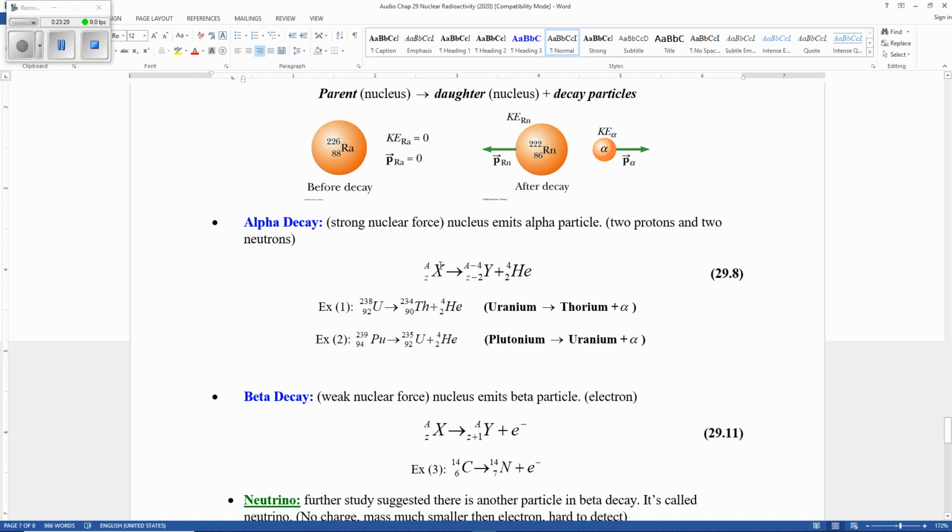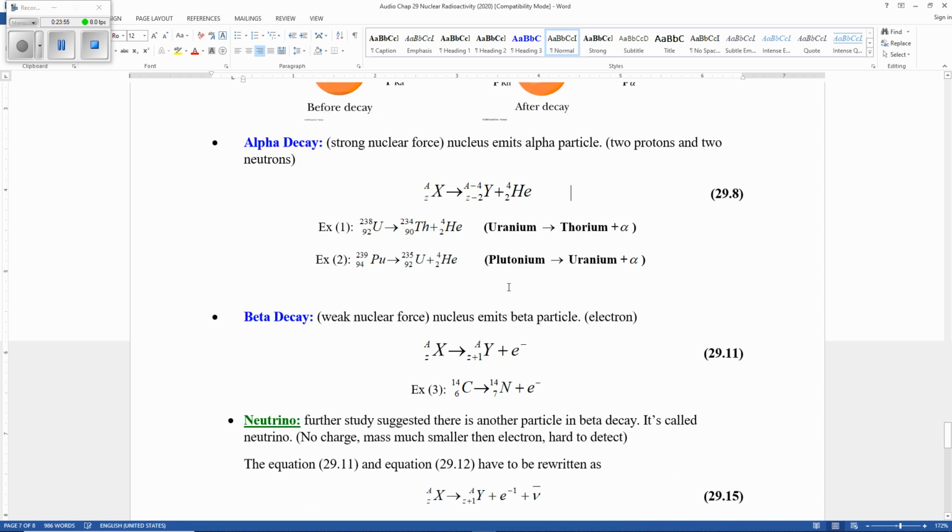You see the parent, so the Z number is going to reduce by 2, the A number reduces by 4. That means you have one alpha particle come out. Okay, here's the example. So alpha decay always gives you these alpha particles, which is really the nucleus of helium.